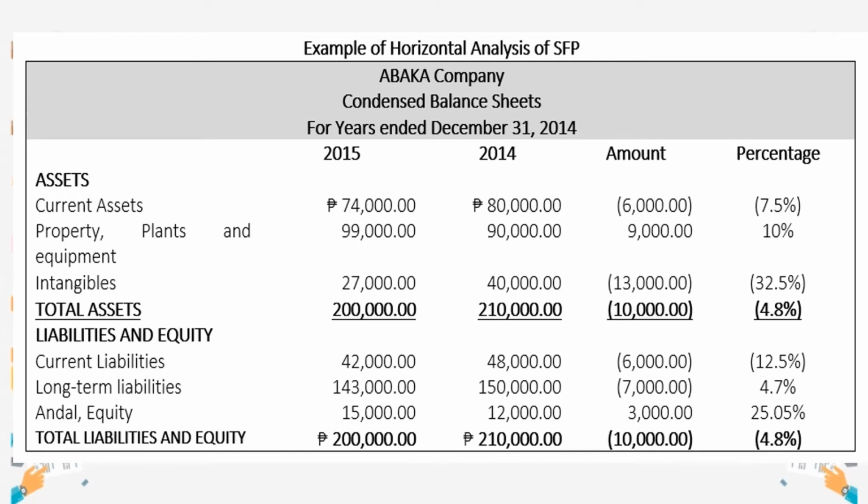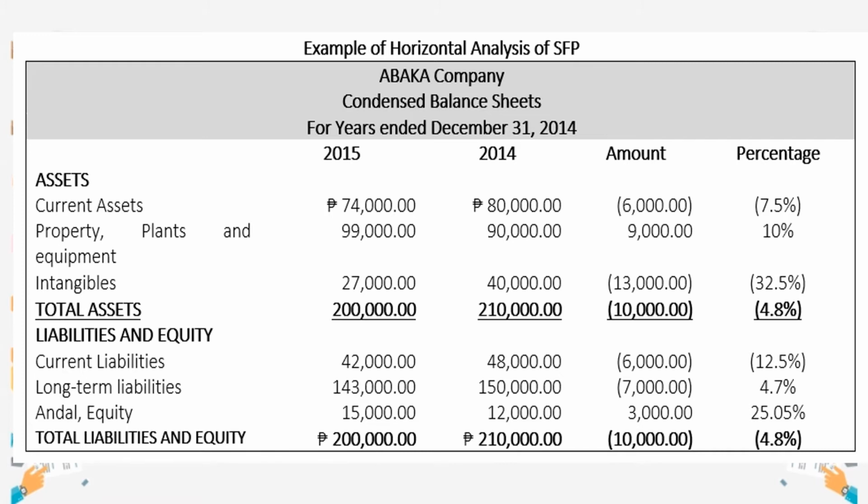Another one is the horizontal analysis of SFP. So we have here the condensed balance sheets for the years 2014 and 2015. For the current assets, there is a decrease of 6,000 pesos, and we have a percentage of 7.5%.